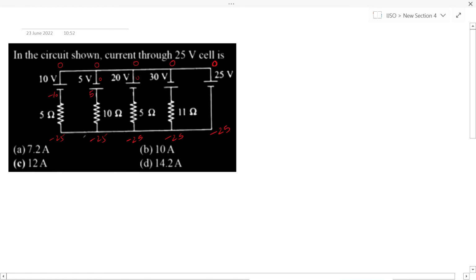If this is 0, this will be minus 20. Higher potential is at 0, then lower potential will be minus 20, because the potential difference they have given is 20 volts. This is 0, this is minus 30. Wait, this will be plus 30, sorry.